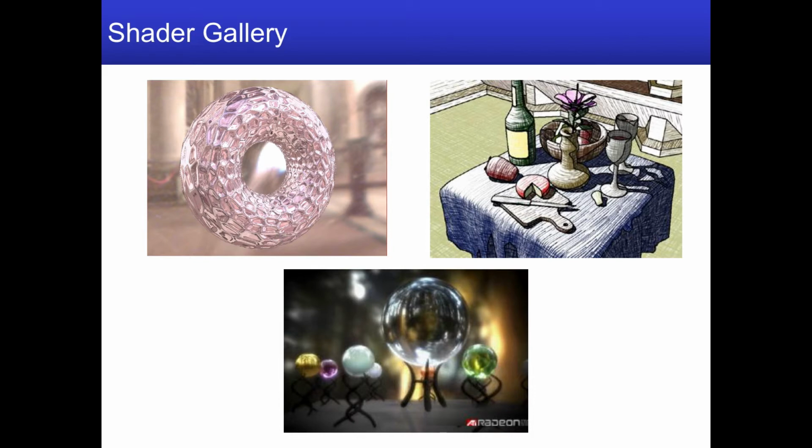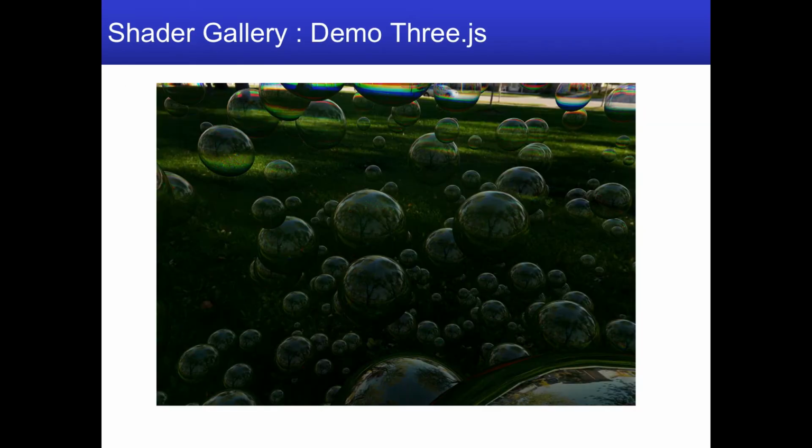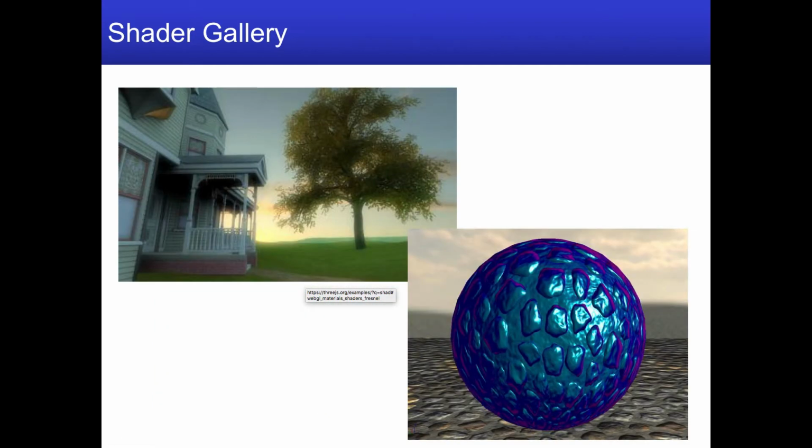And for example, here there is some gallery. For example, here there is one demo that you can see on Three.js. You can create some kind of fog or global illumination or other kinds of effects.